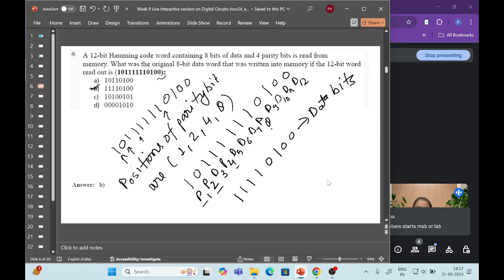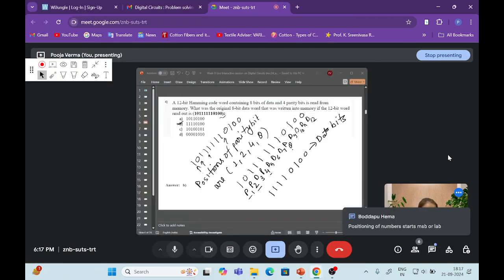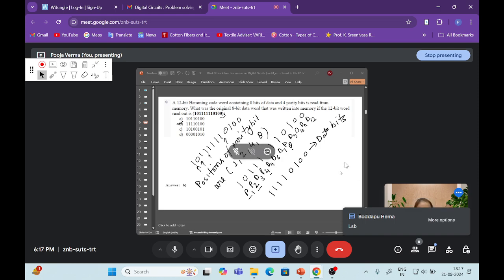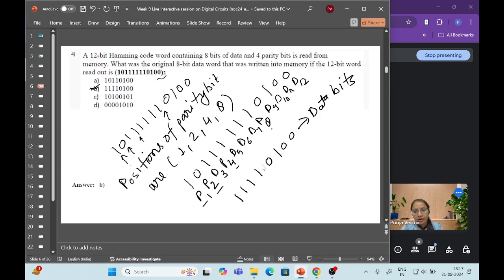Okay, so I'm moving to the question about the positions of the numbers, whether MSB or LSB. Most of the time, while we are using the Hamming code word, we take positions from this side.